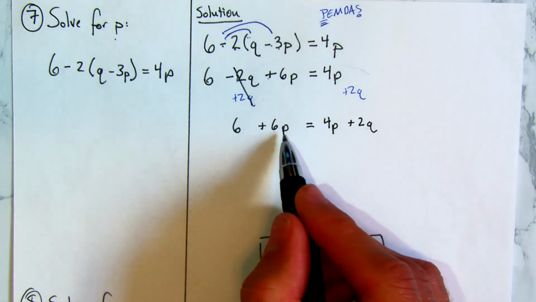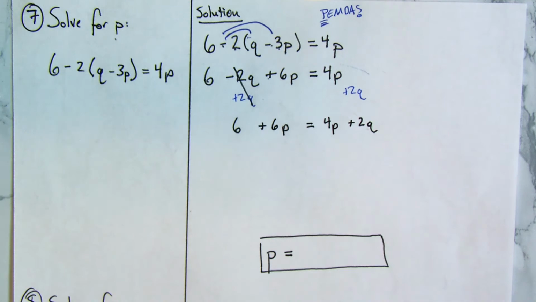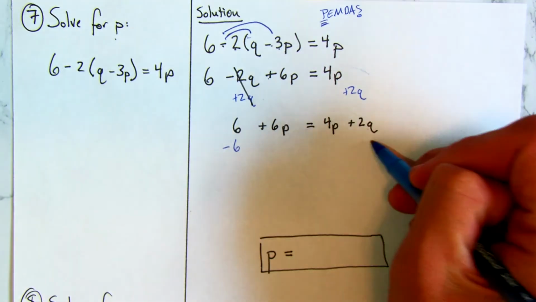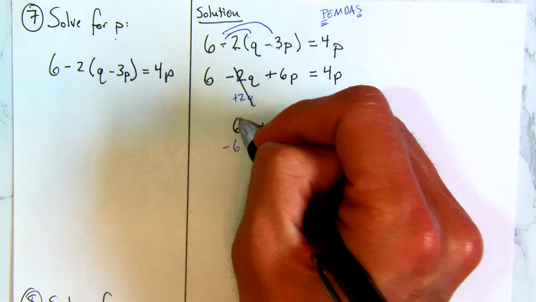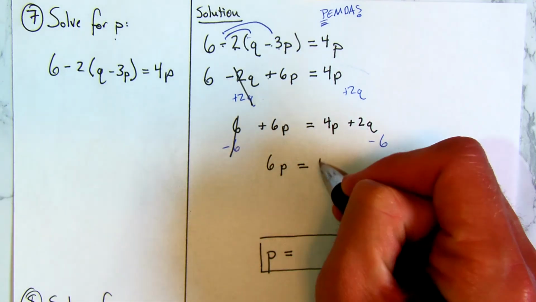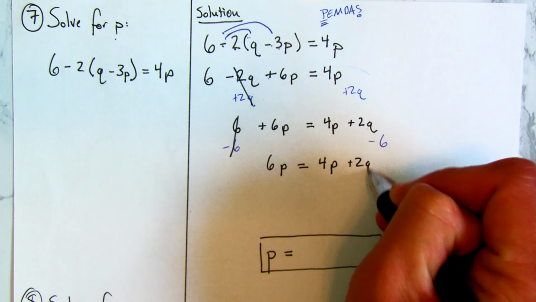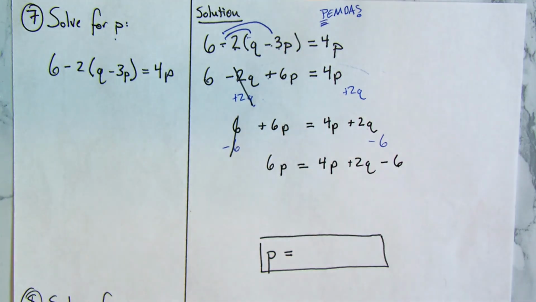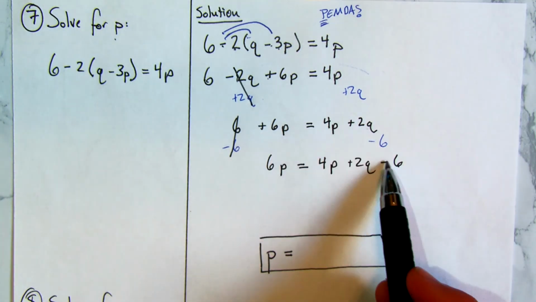And then let's move over the 6 also. Alright, so we have a minus 6 at the end.